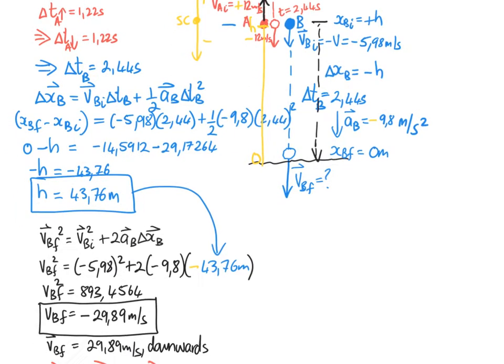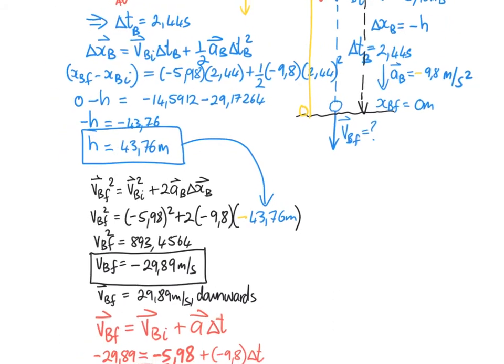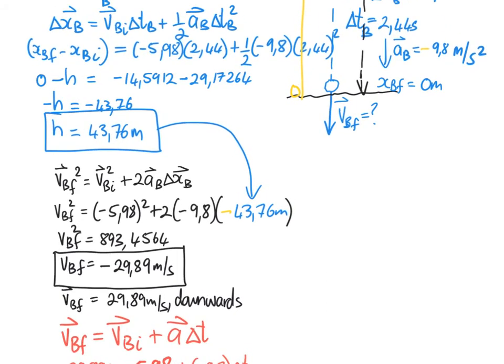So doing that, we find that the final velocity is 29,89 plus or minus. Remember, if you square root both sides, you get plus or minus. But this is clearly moving down, so we choose the minus. So the final velocity is 29,89 meters per second downwards.